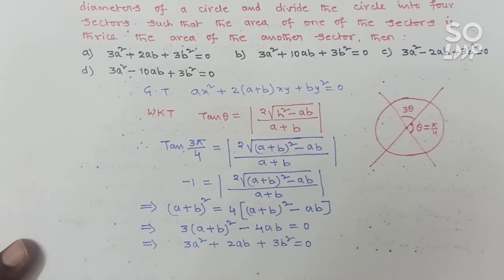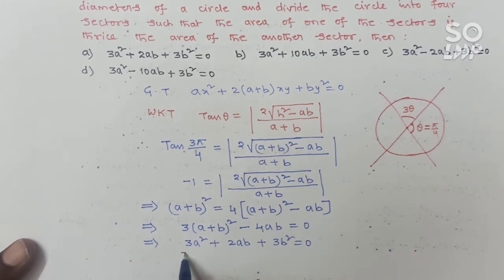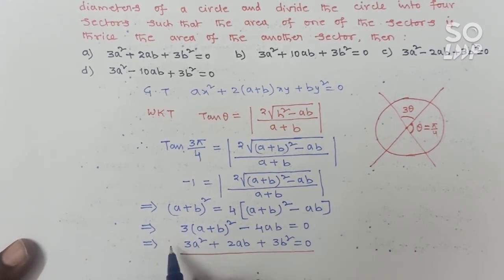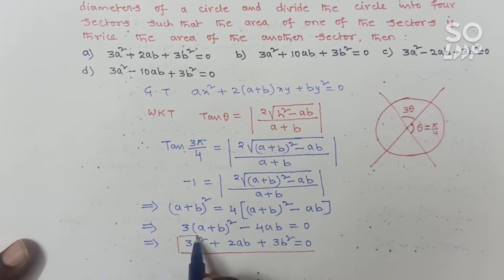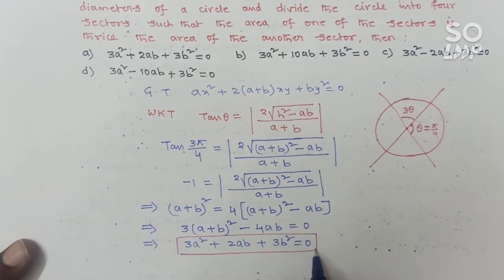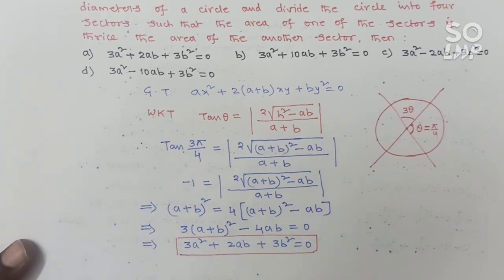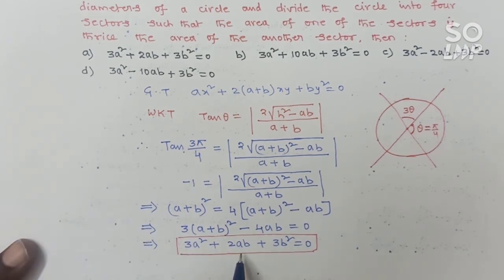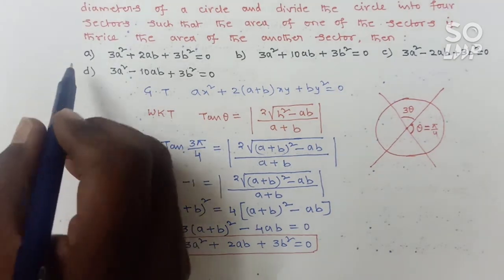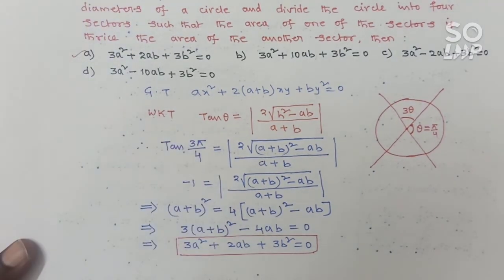So the required condition will be 3a square plus 2ab plus 3b square is equal to 0. So this is also a very important question. So what is the correct option in this one? Your correct answer is the first option: 3a square plus 2ab plus 3b square. First option is the correct answer.